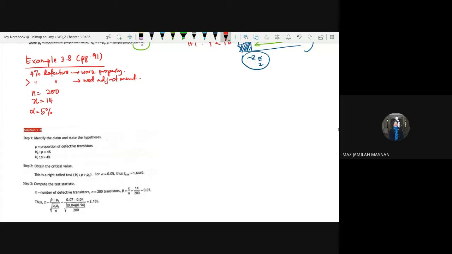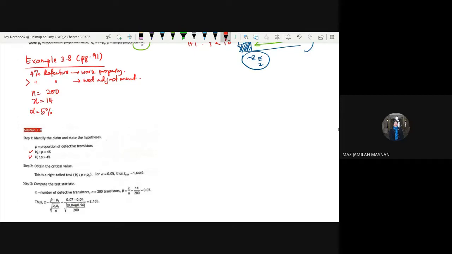So, as if there is no such obvious claim. Never mind, just leave it for a while. What will be the claim? The first step is to identify your statement, the null and alternative hypotheses.